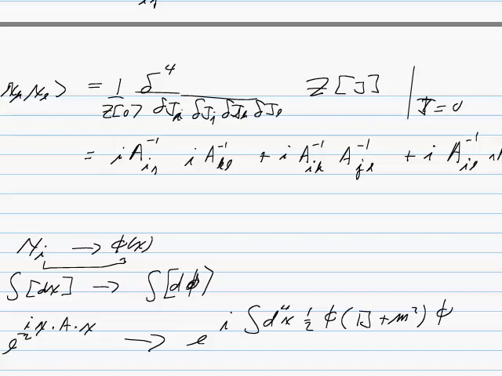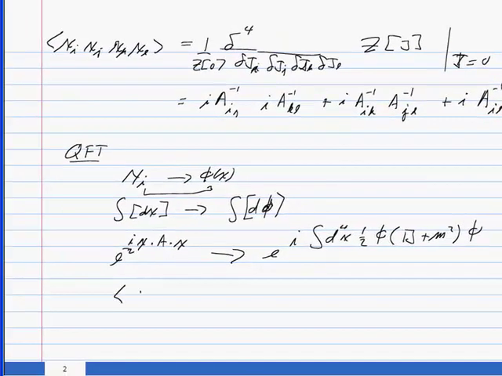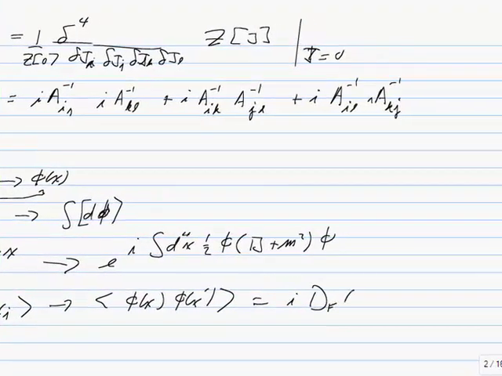And the equivalent things that look like xi's, xj's in this calculation are going to turn into φ of x and φ of x prime. So two different locations, just like the two i's and j's, and that's going to turn into the Feynman propagator.